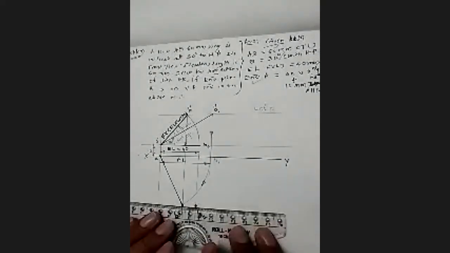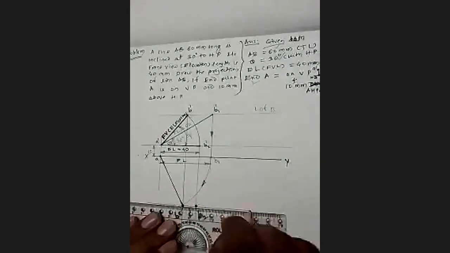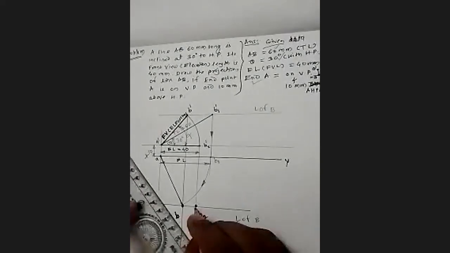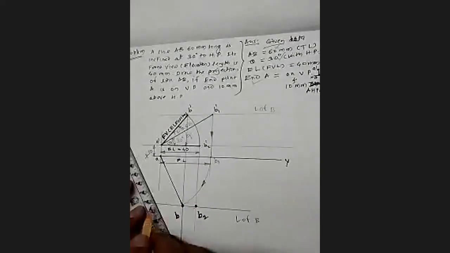Remember, if you have done it with actual dimensions, definitely you will notice that points are appearing on the same line, same plane. And we say it's the locus of B, right? Now we can join even this point. Alternately, once you get this point, draw a locus, take 60, and cut this line.